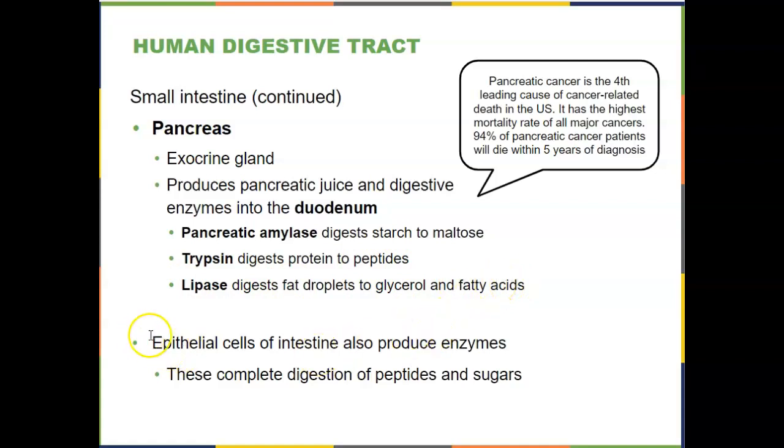And then finally, the epithelial cells of the small intestine produce enzymes that will break this disaccharide maltose into its two component monomers, take any remaining di and tripeptides and break them down into single amino acids. And that's the final step of chemical digestion that occurs in the small intestines right here. And at the same time, we'll be doing absorption of materials.